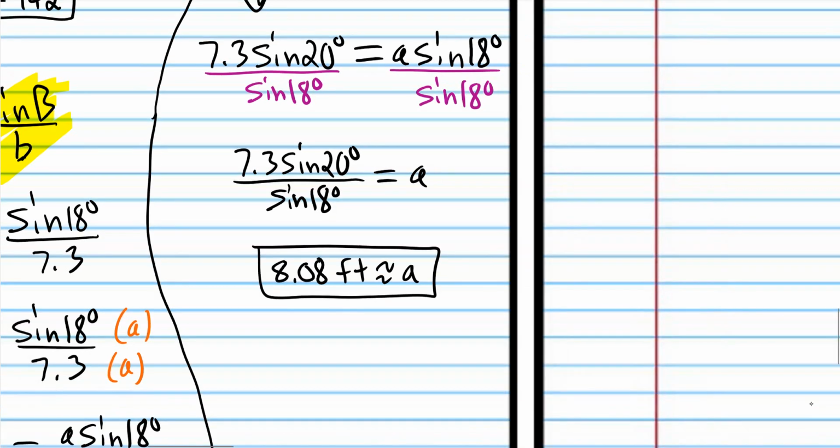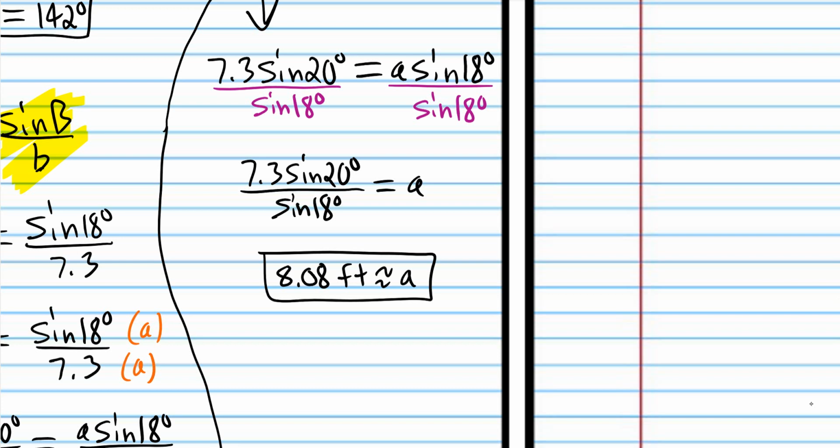Now, if you didn't get that number, your calculator might not be in the right unit. So if you're using a graphing calculator, press the mode button. I'm using a TI-84 Plus, the most popular graphing calculator, and it should say mode at the upper left, and use the arrow keys to make sure that you're in degrees.